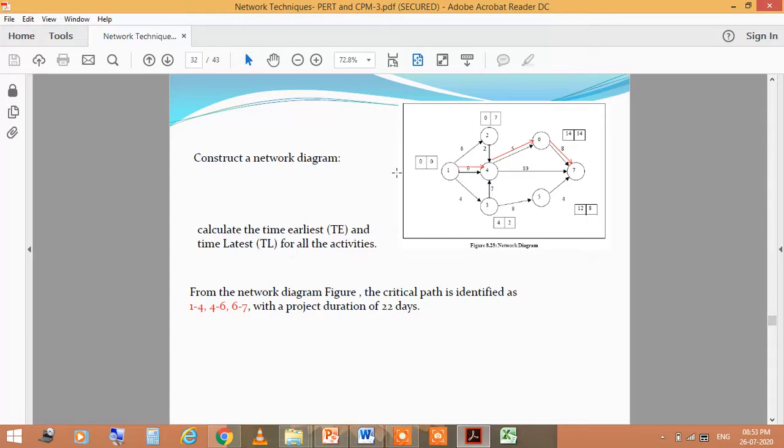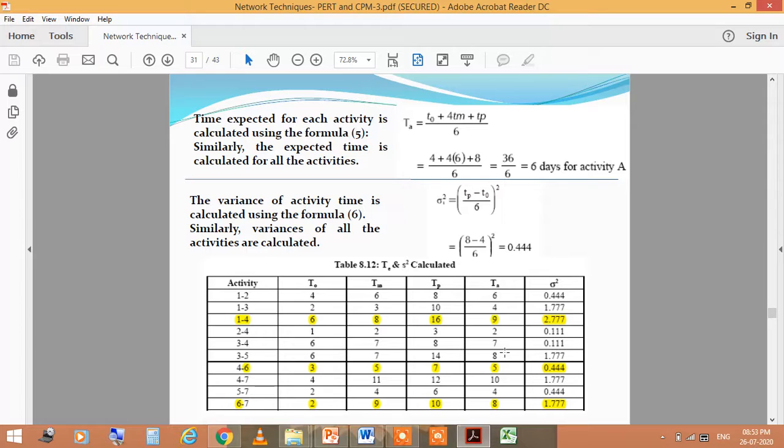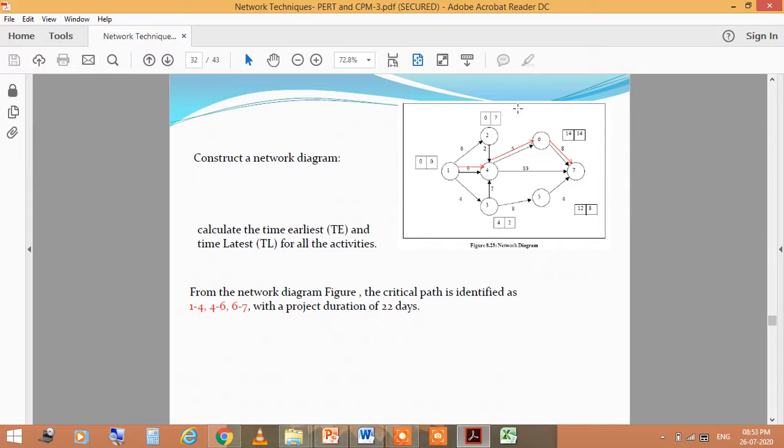Now you have to construct a network. This is a network, and the red line shows the critical path. How to find the critical path? Take those activities that have zero slack values, or rather, sorry, a very high value of path length, and make the network.